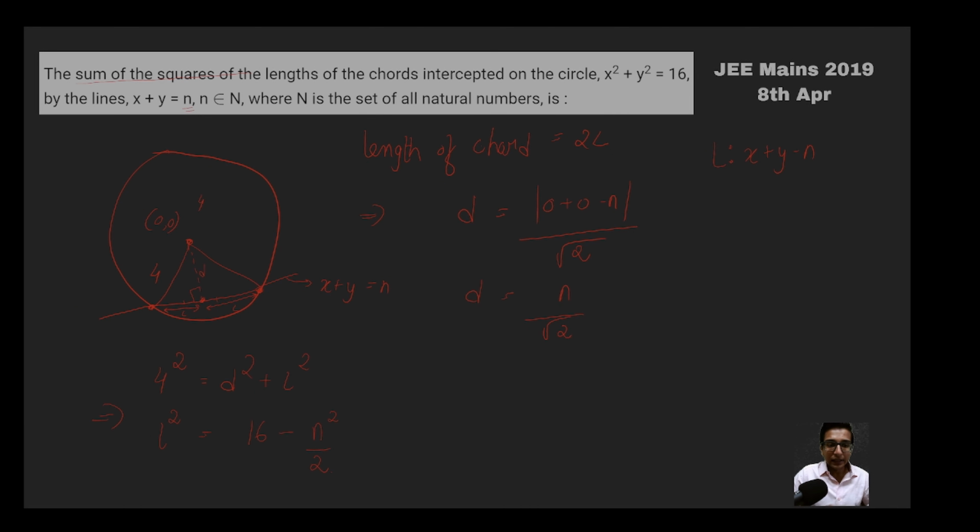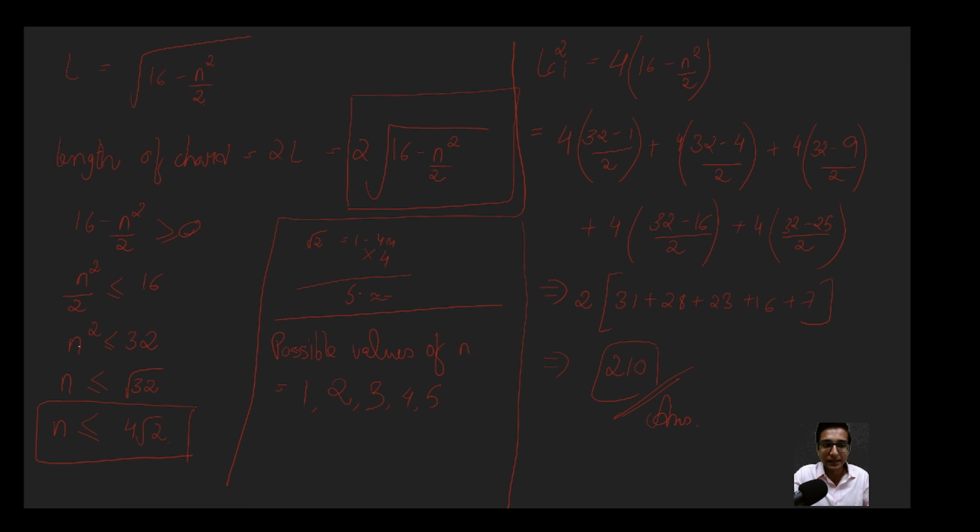Again, the only major part that you had to remind yourself about in this question was that any perpendicular on a chord from the center of the circle divides that chord into 2 equal parts. And once we found out the length using the distance formula and then the Pythagoras theorem, our solution becomes very easy.